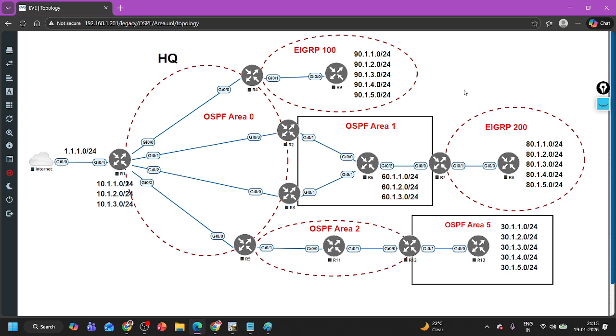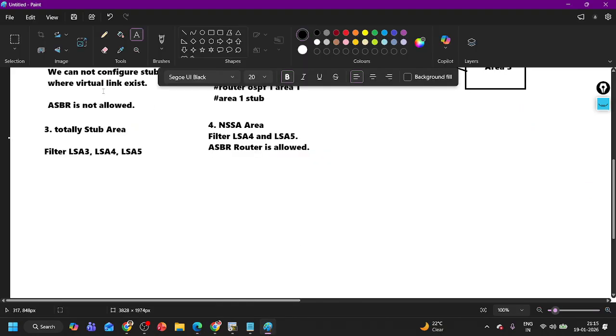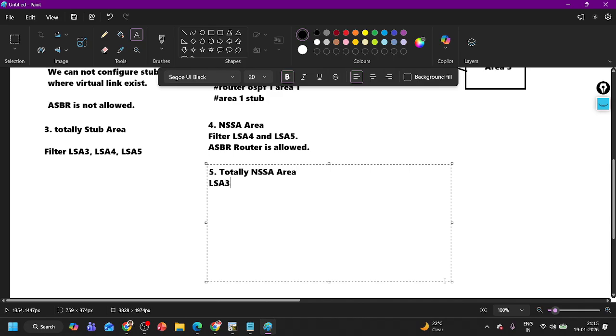Configuration is again the same: router ospf 1, area 3, NSSA. And like stub and totally stub, the last type of area is totally NSSA area, used to filter LSA 3, LSA 4 and LSA 5.